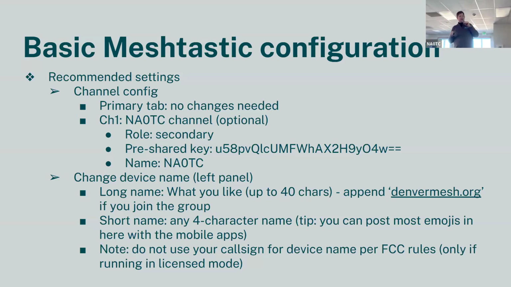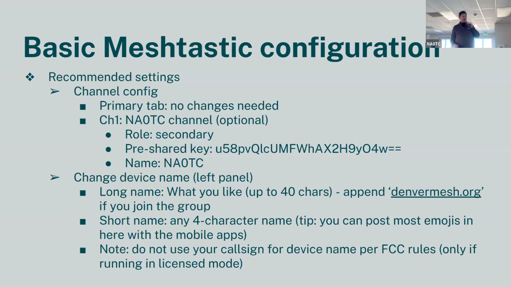You make sure it's a secondary role. You paste in this pre-shared key, and that will allow you to decrypt the messages coming in. So without this pre-shared key, nobody will be able to receive what's being sent. And then, of course, the name is just NA0TC.